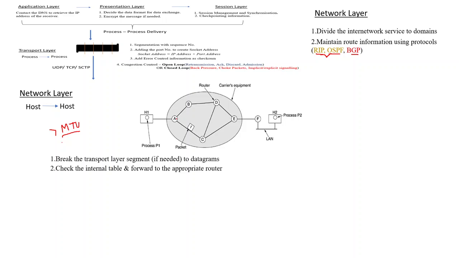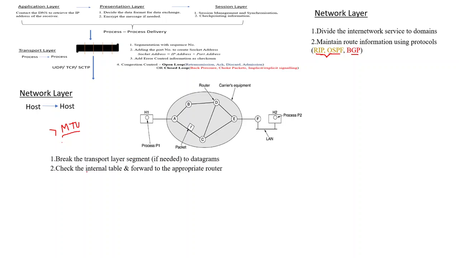So if router A forwards to router B, router B's MTU is something, then again say router B is sending this package to router D. Router D will again compare its MTU with the segment size it receives from B. So at every router, this process will be carried out.